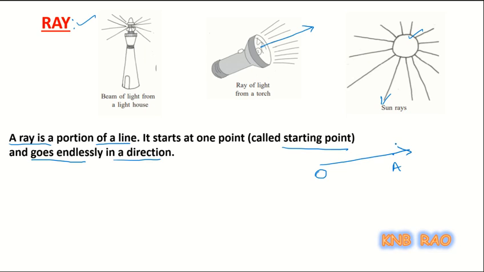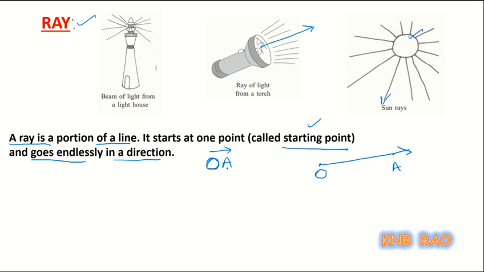But be careful, a ray will have one end point, or I can call that a starting point also, and we can use any point in the direction of extension to name it. But very important, the first letter while writing the name of a ray should be the starting point, and you can use any other point in the direction of extension to name it.